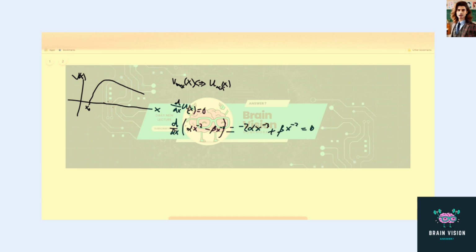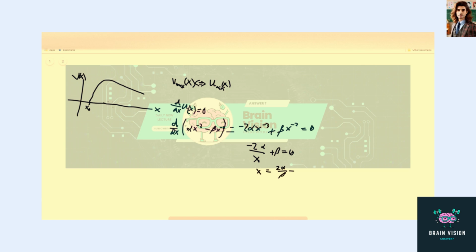Okay, then we can solve this. Multiply each term by x to the third, and then actually just x squared. And we're left with 2 alpha over x plus beta equals 0. And then you get x is equal to 2 alpha over beta.